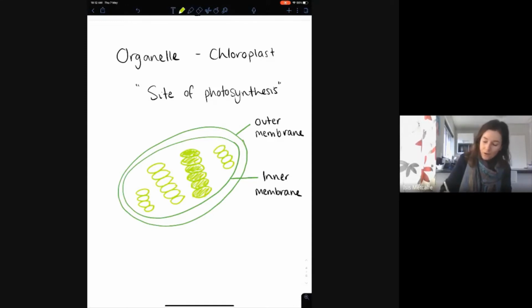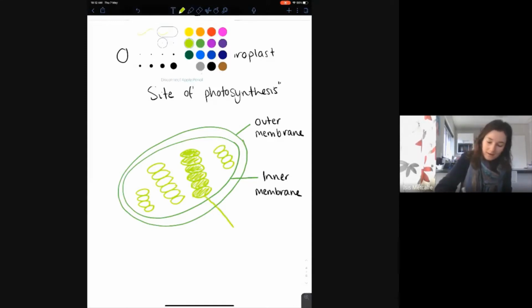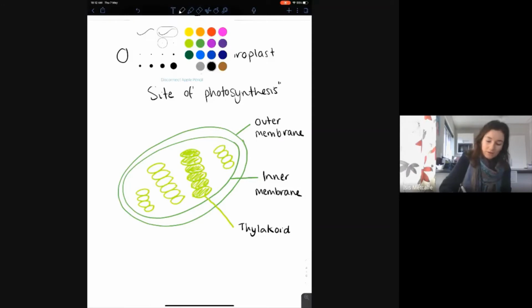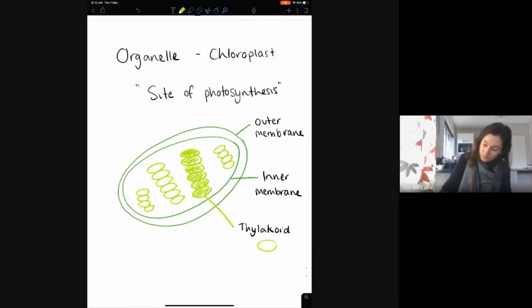One of these pancakes is called a thylakoid. This is a new word that you might not have heard before, a thylakoid.